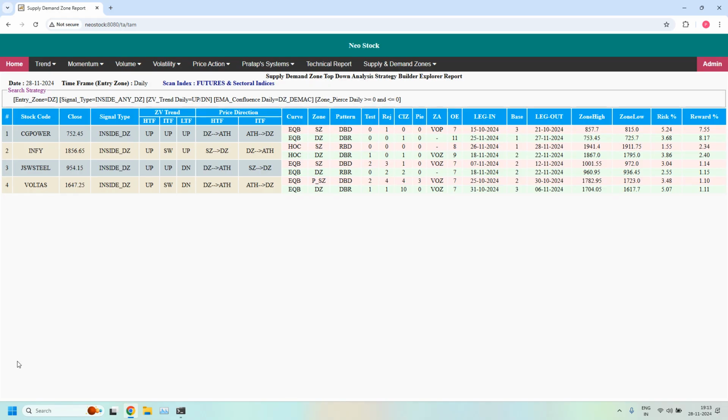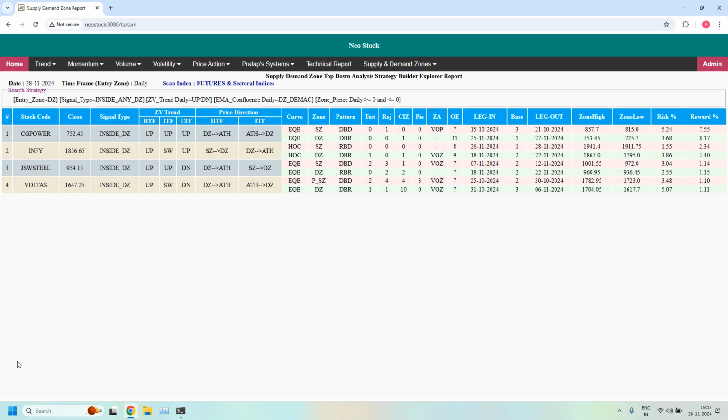Generally such kind of zones you should use as HTF zones or ITF zones in your trade setup plans. Demand zones trend is up, you can plan bullish trade setups. If it is downtrend, you can plan counter trend trade setups.